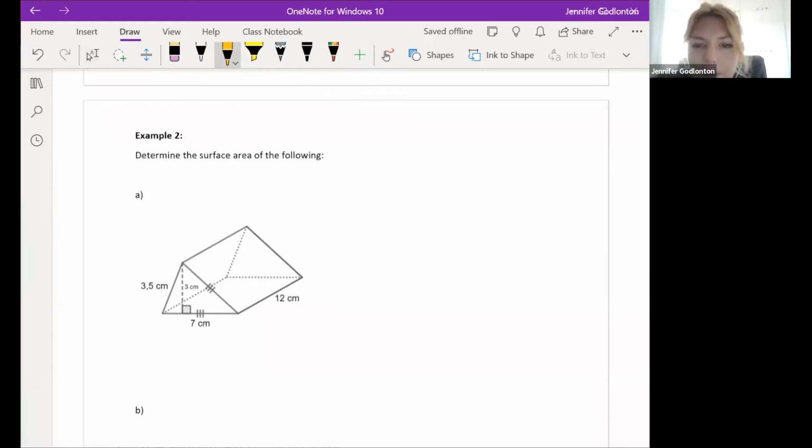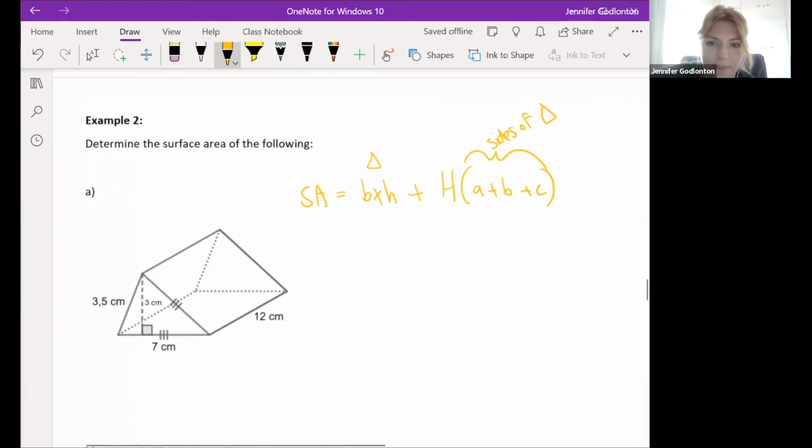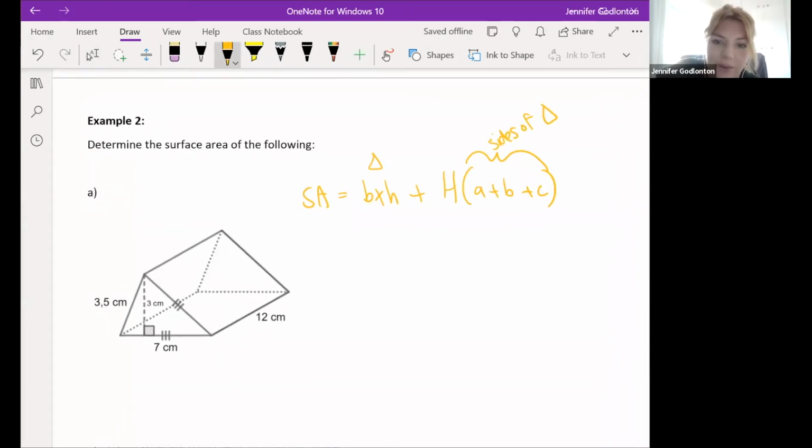Here we go. Our surface area formula: base times height, that's our triangle base and height, plus our big capital H, and then these are all the sides of the triangle.